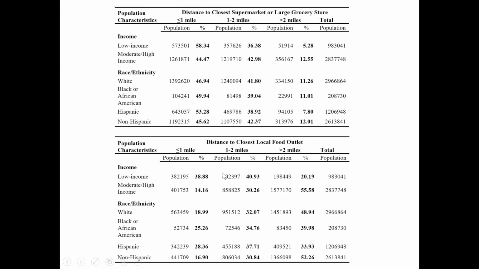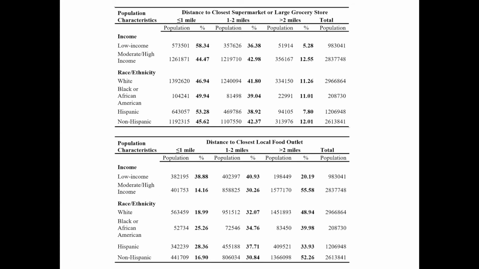But the local food outlets actually focus more on low income neighborhoods. If we look at less than 1 mile, you have about 38% versus 14% concentrated on the moderate or high income neighborhoods.